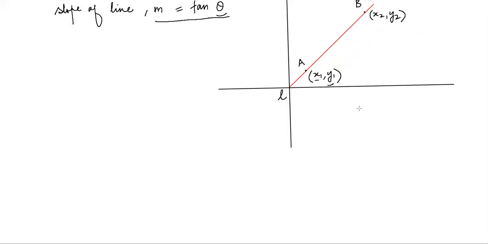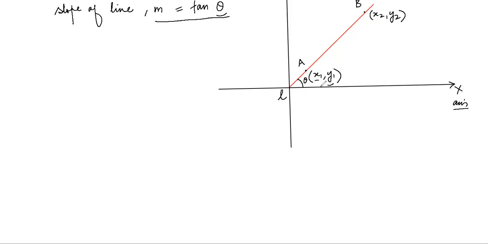Now, students, let's imagine that this line is making angle theta with the positive x-axis. So its slope M would be tan of theta.